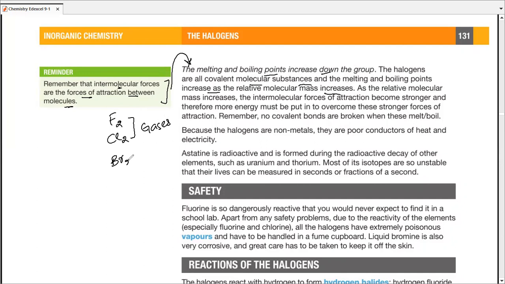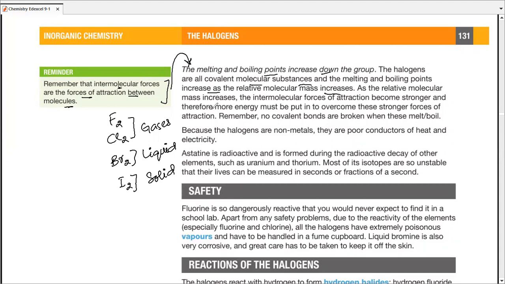Then comes bromine, which is a liquid. This means definitely with the increase in molecular mass, the state of matter changed and the melting and boiling points increased a little bit. And finally, with iodine, with such a big structure, there is more molecular mass and the attraction becomes stronger, so much so that it's a solid at room temperature, and it has the highest melting and boiling point among the whole group, if only the first four elements are considered.